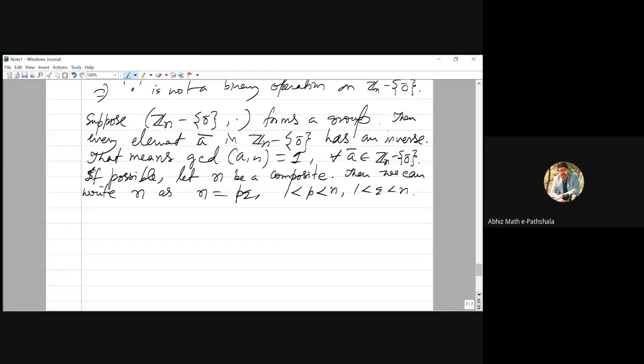So GCD of p comma n is 1 from this. So that means there exist x, y belonging to Z such that px plus ny equals 1.